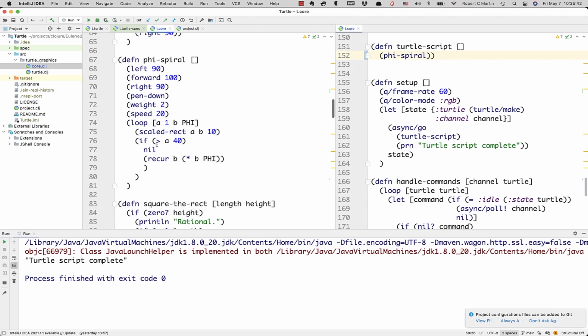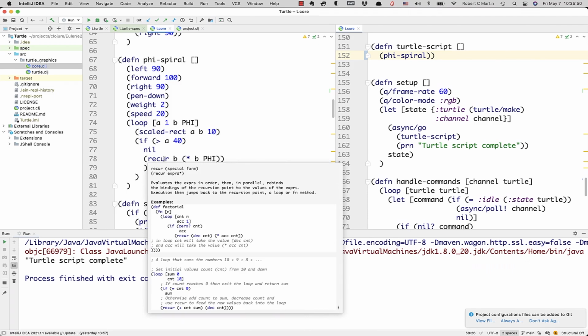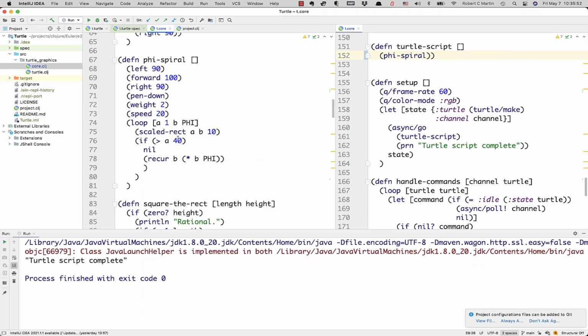And then it says if A is greater than 40, we're going to stop. Otherwise, we are going to recur, which will draw the next rectangle, of course, and we move B into the A position, and we move B times phi into the B position, but B is phi, and phi times phi is 1 plus phi.